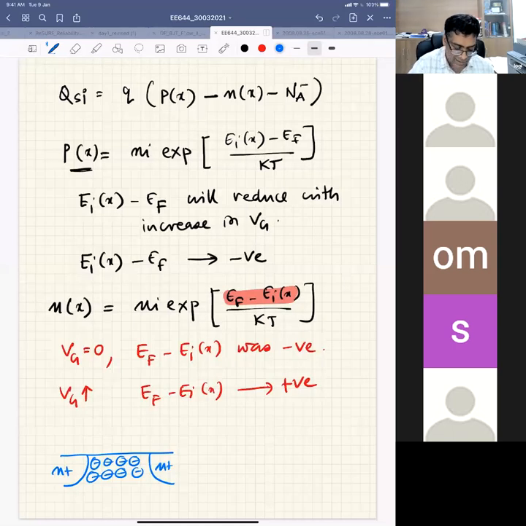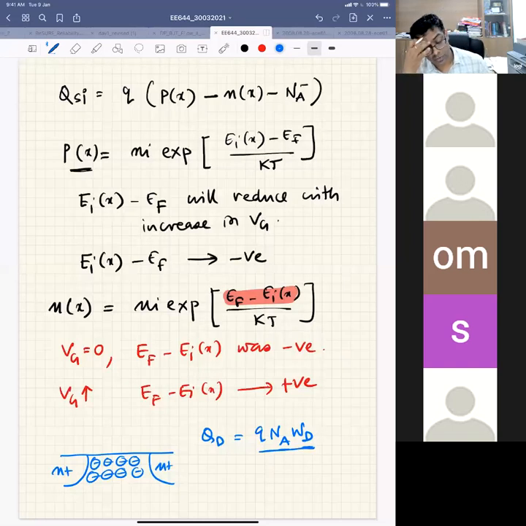And the total depletion charge is nothing but Q times Na times WD, where WD is the depletion width. This is the total charge per centimeter square, right? So the unit is per centimeter square. And at the same time I have Nx, so the number of electrons is also increasing.